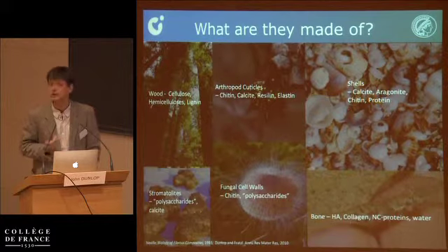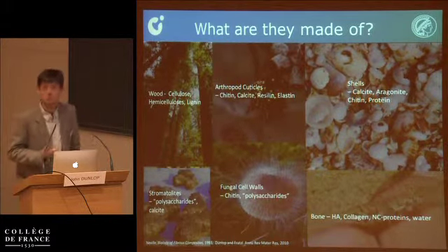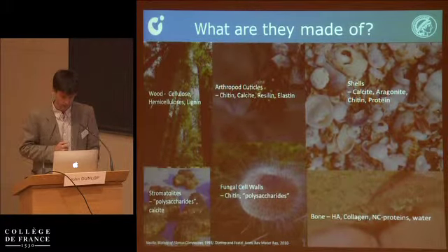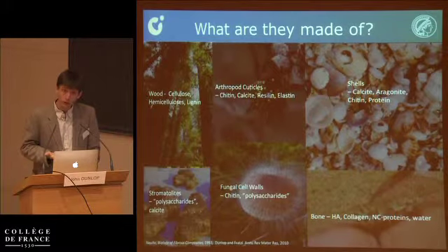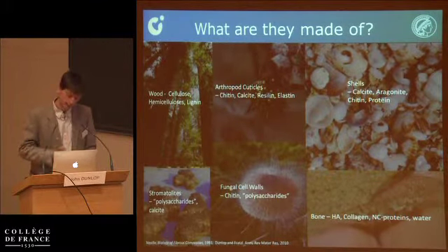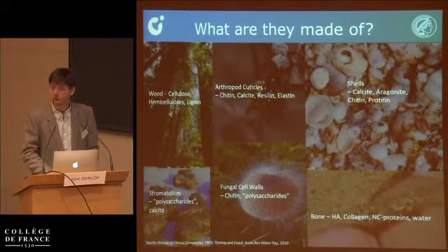Shells contain calcite, aragonite, so mineral particles, together with chitin and protein. Fungal cell walls contain chitin. Bone contains collagen, mineral, a variety of proteins, and of course water plays an important role in all this.